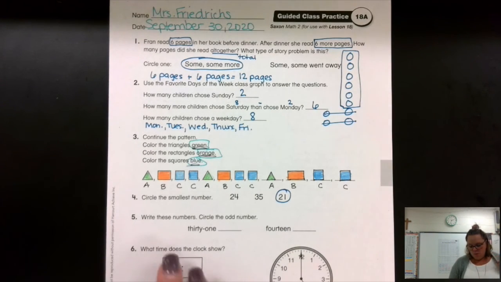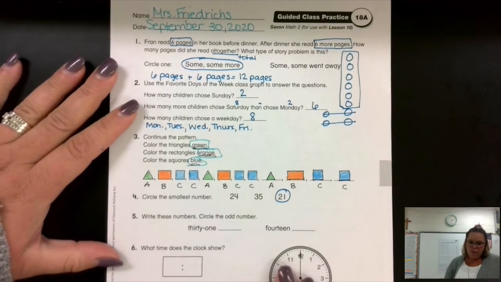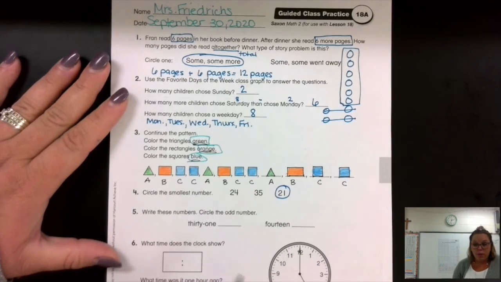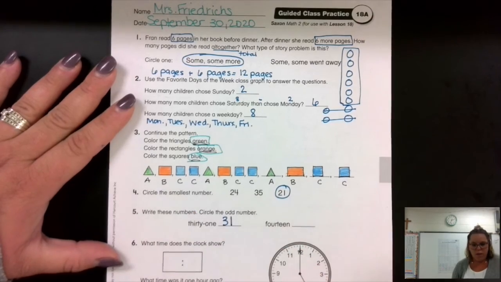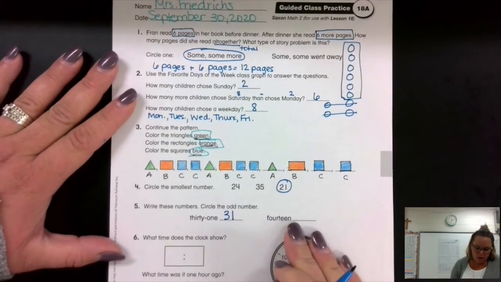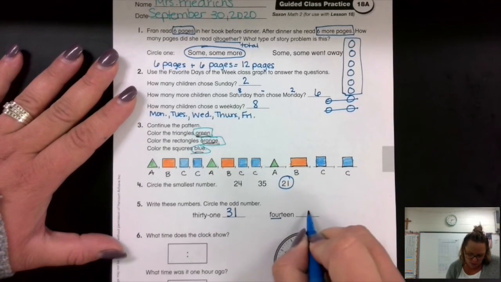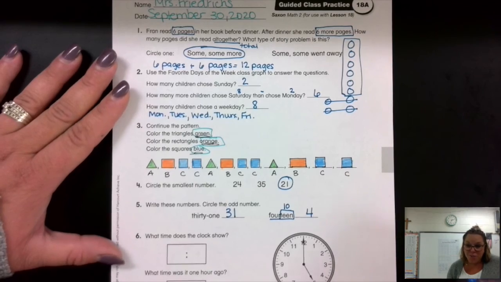Okay, number 5, write these numbers, and then we have to circle the odd number. So first we have to write, then we have to circle the odd number. 31. How am I going to write 31? 3, 1, 31. And how about 14? Did you hear 4 in 14? And remember that teen means a group of 10.